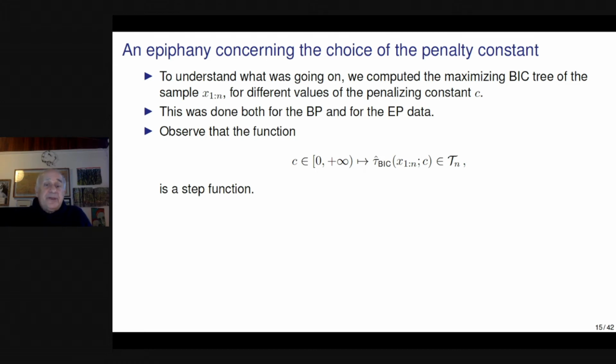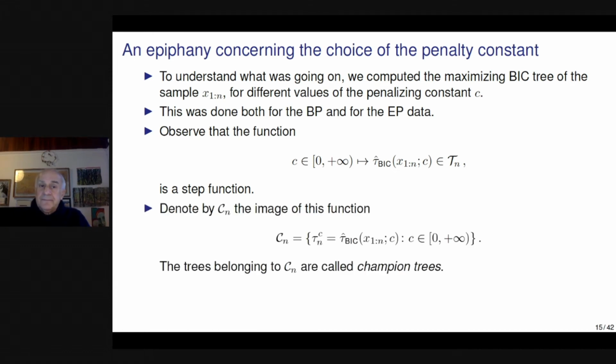At a certain point, it becomes too expensive to have a certain branch of the tree because the value of C becomes too big, so we decide to cut it. Let us call Cn the image of the function, which associates the tree to each value of the penalizing constant.